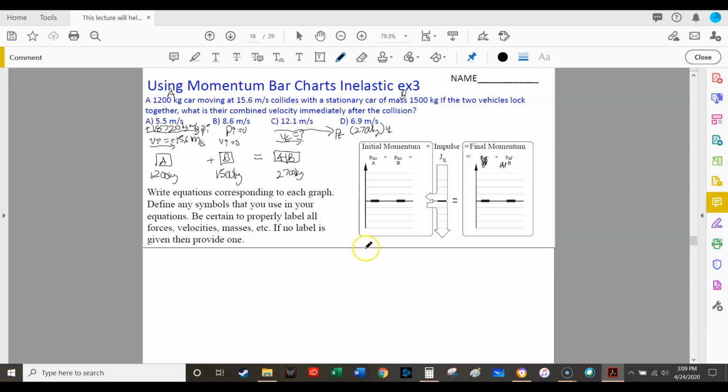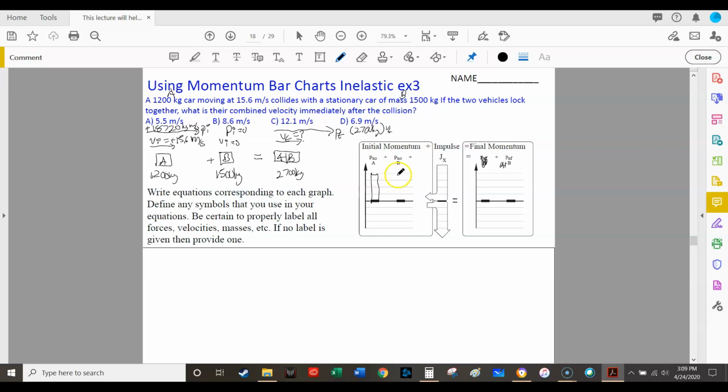Okay. So we know it's going to have 18,720 kilogram meters per second of initial momentum. I'll call that about 20,000-ish. So four blocks is 18,720.